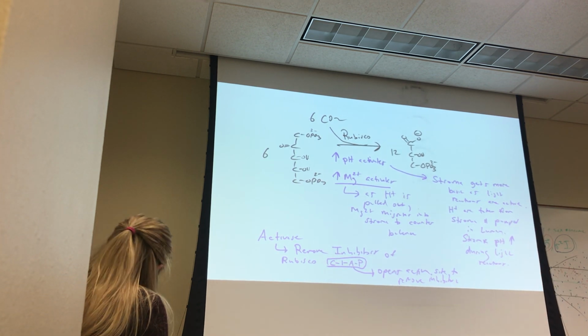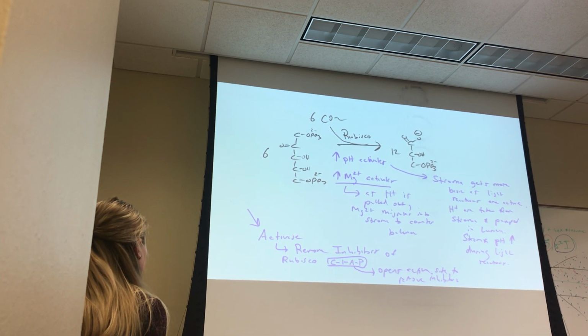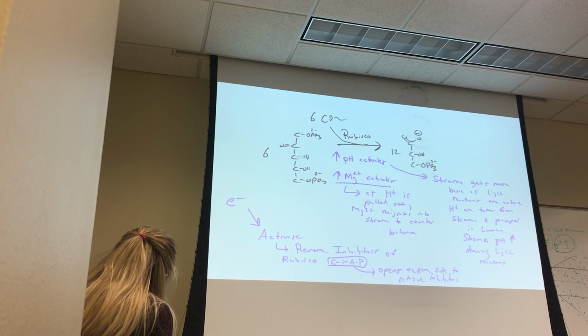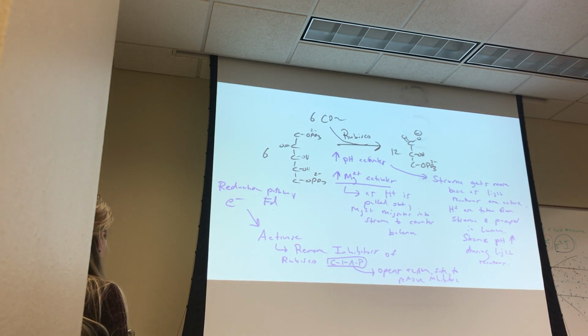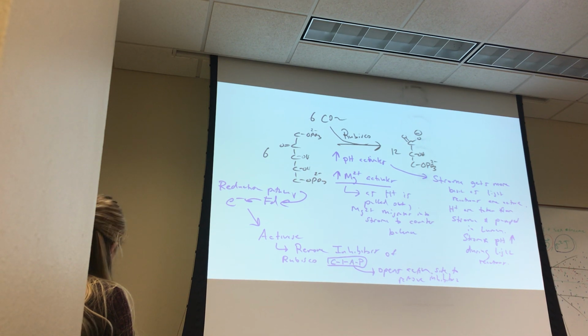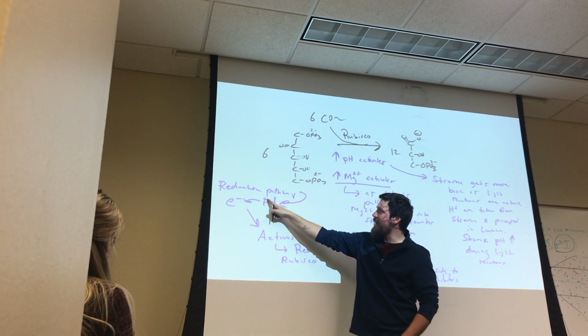Now, Rubisco is controlled, or activase is actually related to electrons. So there's a reduction pathway that is controlled by ferredoxin, which we saw, right? Ferredoxin, we saw that in those light pathways. And ultimately, ferredoxin shuttles its electrons through a pathway that leads to activase. There are intermediates of this. And so what activates the activase? Electrons from ferredoxin.